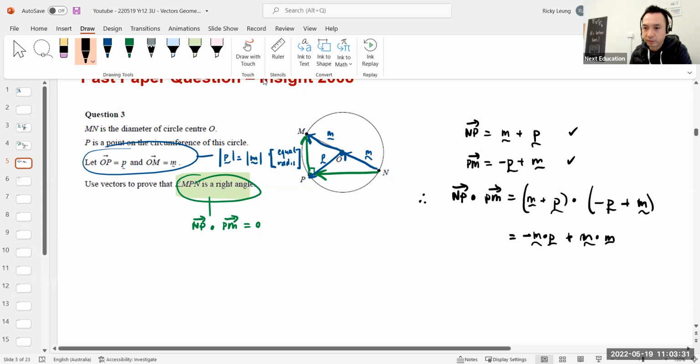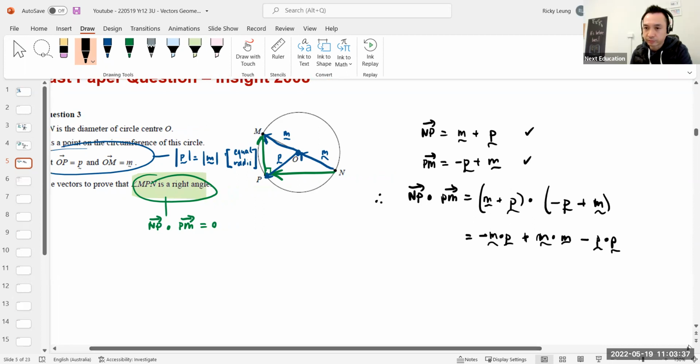That's m minus p, dot, going to the right bit, plus m. Which, once again, if you're on autopilot, these guys cancel out. Surprise, surprise, it's a difference of the magnitudes squared.